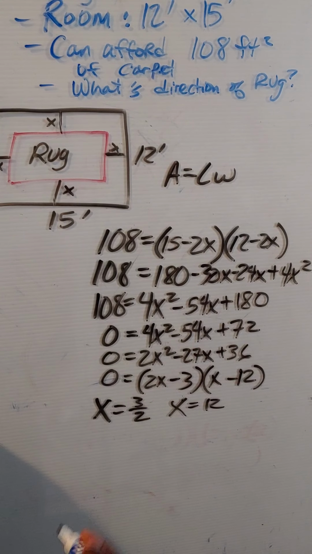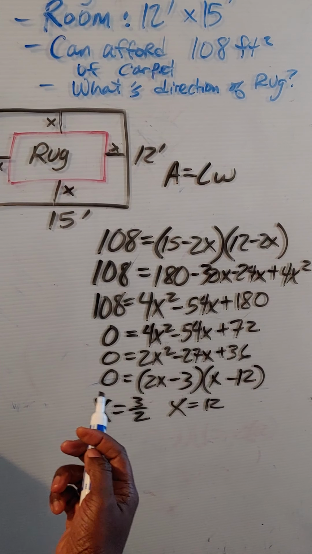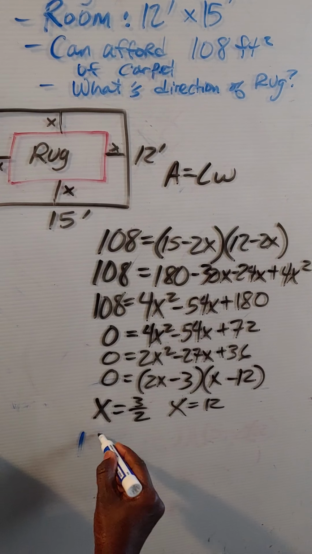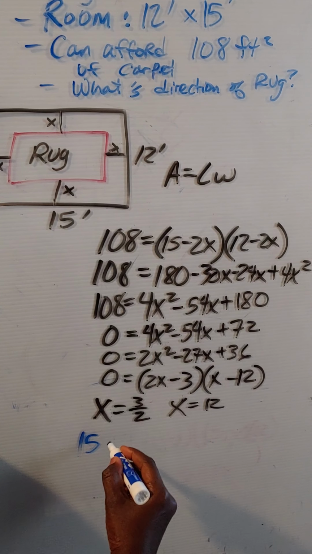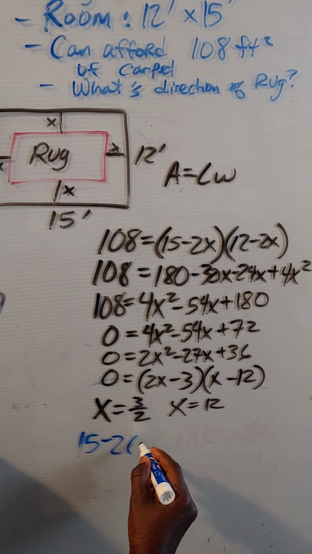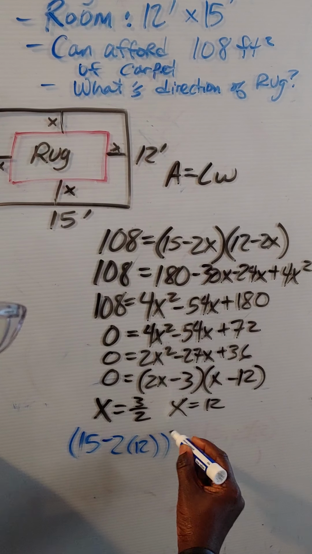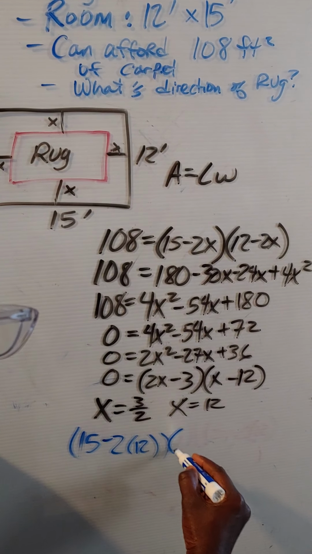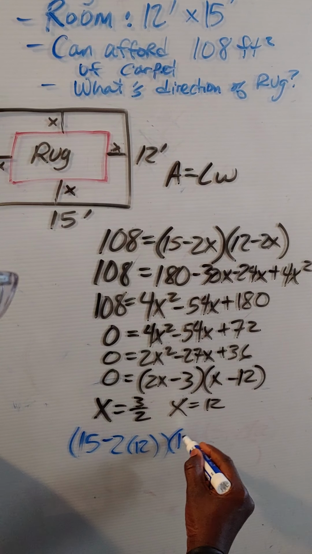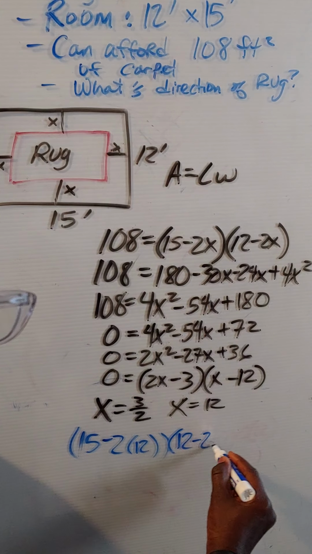I'll start with the 12. I'm going to take 15 minus 2 times 12, and 12 minus 2 times 12.